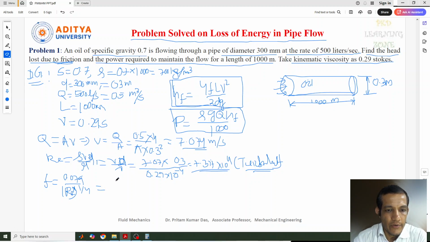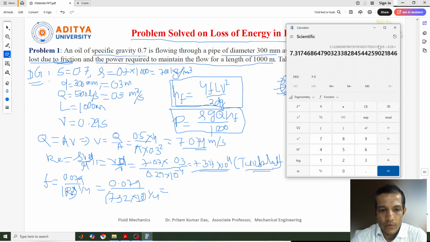So again, we need to find out this value: 0.079 divided by Re, which is 7.3 into 10 to the power 4, the whole to the power 1 by 4. So this one also you can identify.